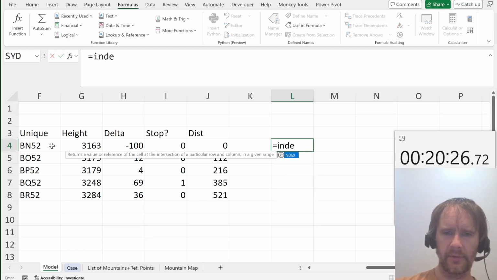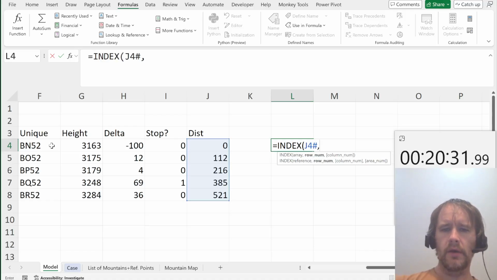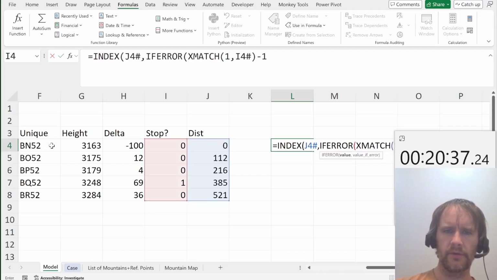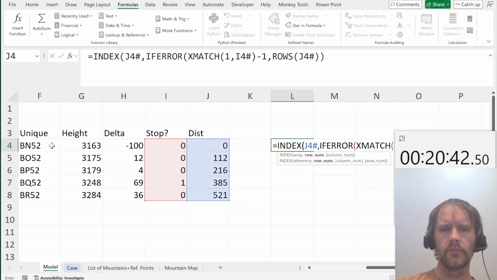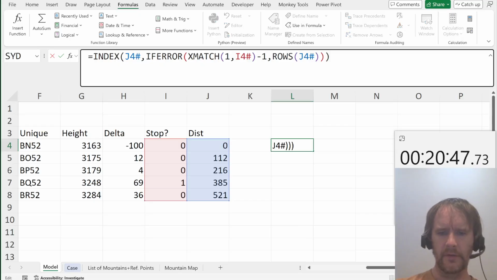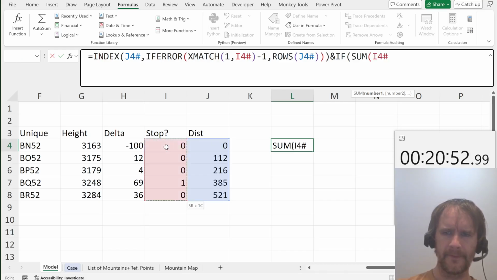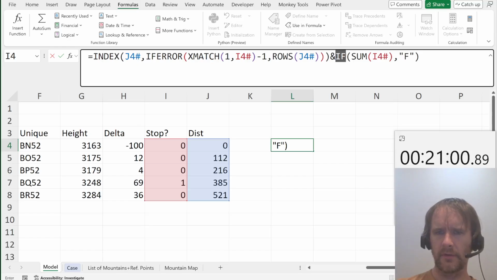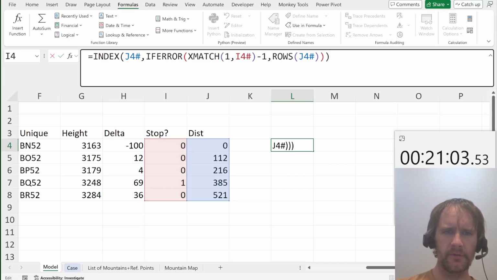Bleh. So I guess I want to index this. If error XMATCH 1 against this minus 1, and if that's not found, then rows of this. Okay, and then I want to say, and if sum of this, then F. Except, I don't know, it might need to be formatted as a number otherwise, so let's just do it this way.